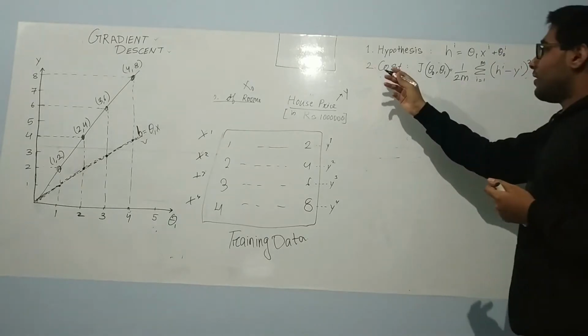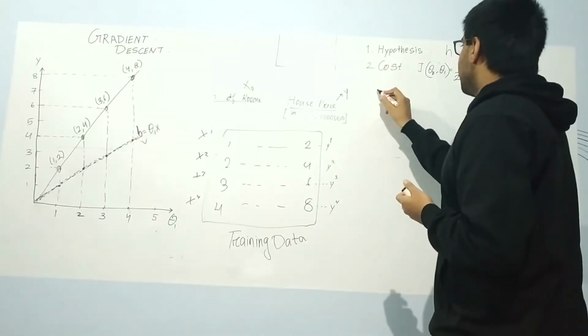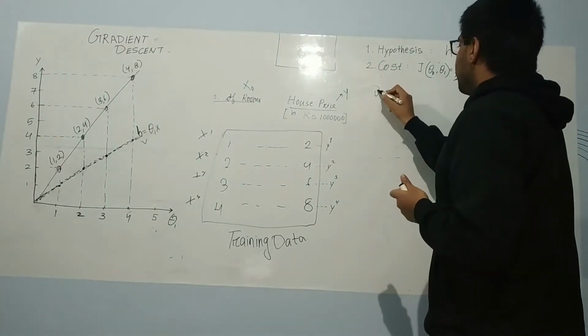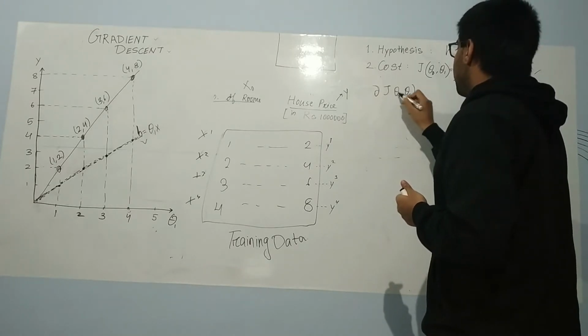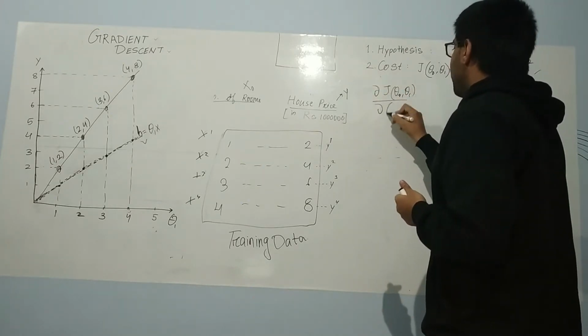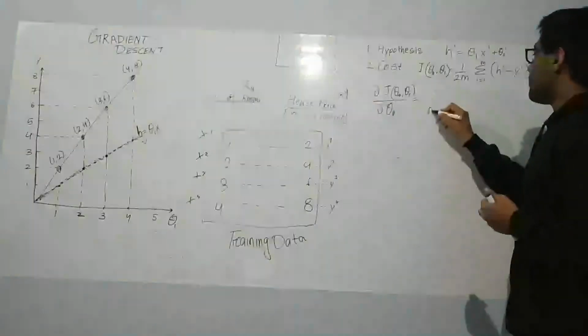So to calculate the gradient of the cost function, we have to take partial differentiation, that is del of J(theta 0, theta 1) with respect to del of theta 0 will be 1 by m.